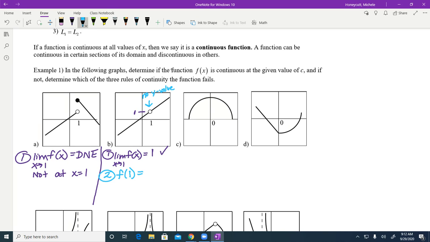So f of 1 is undefined. So that second condition is broken. So even though the first condition is met, the second condition is broken, so we can say that f of x is not continuous at x equals 1.